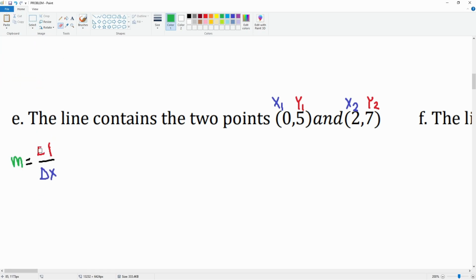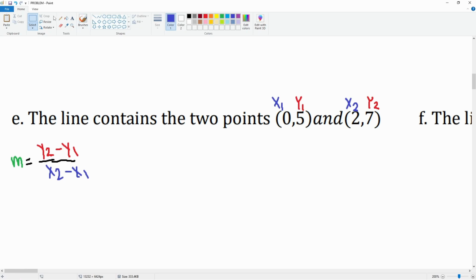But what is the change in y really? The change in y is just the y2 value minus the y1 value, and the change in x is x2 minus x1. That's technically the slope as well.